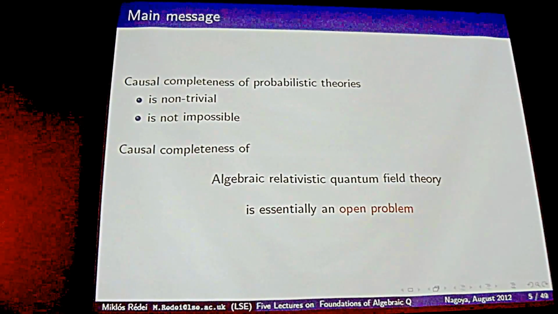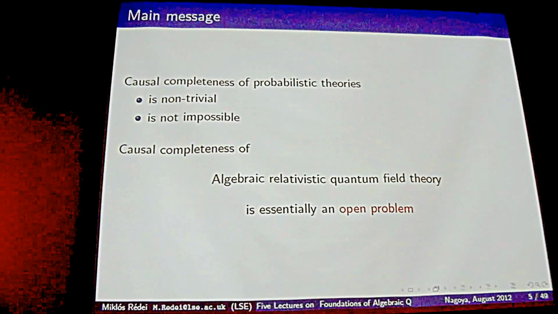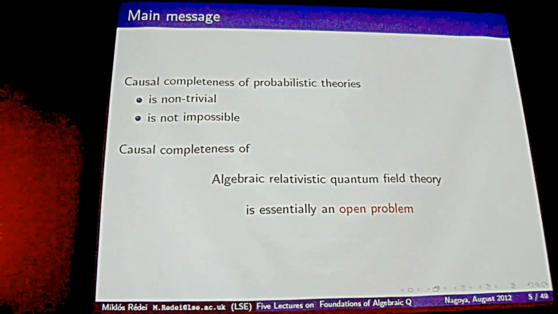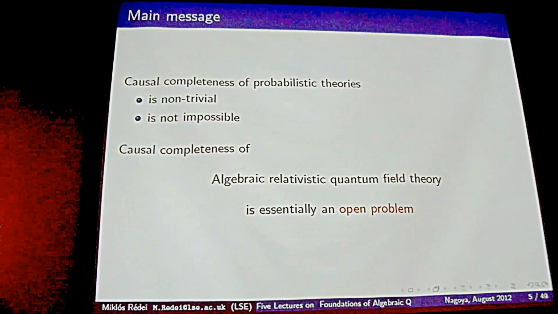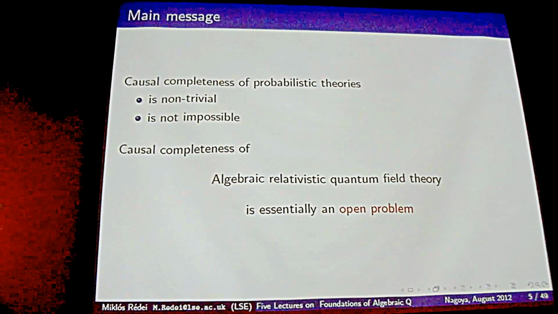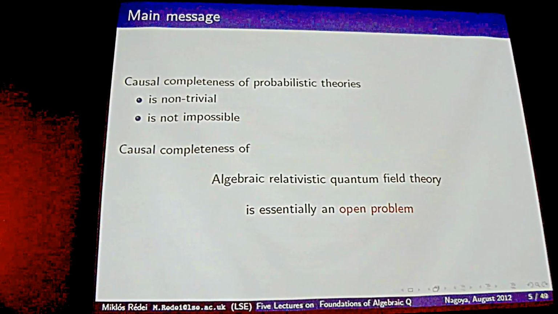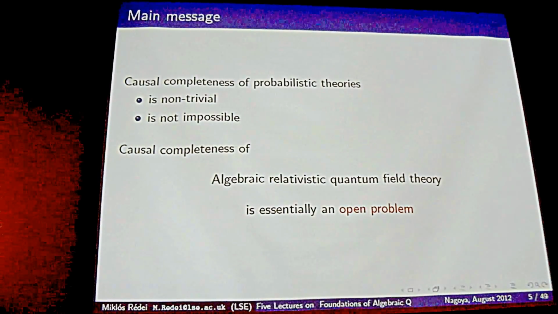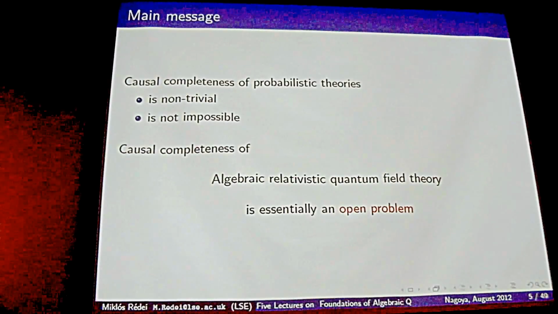And the main message of this lecture is that causal completeness of probabilistic theories in general is a non-trivial feature, but it is possible to have it. And the causal completeness of the particular theory you're talking about, algebraic quantum field theory, is essentially an open problem. Okay? We don't really know what the situation is.